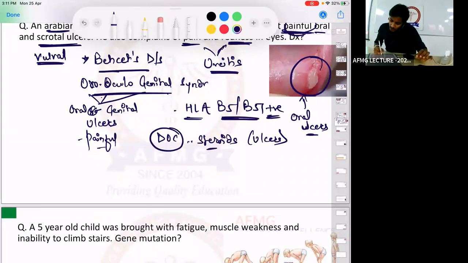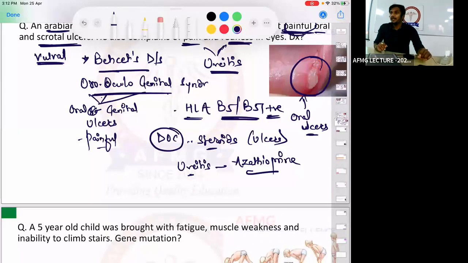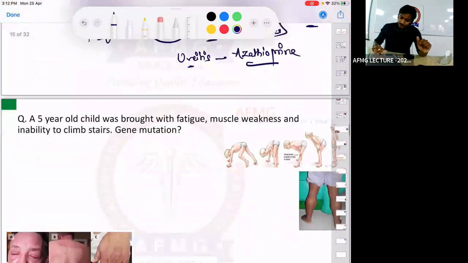So for uveitis, we give a steroid sparing agent, that is azathioprine. Remember, this is important. If a patient comes in an acute episode of inflammation, like acute anterior uveitis, steroids are not given because they can cause corneal perforation. This was a question earlier.